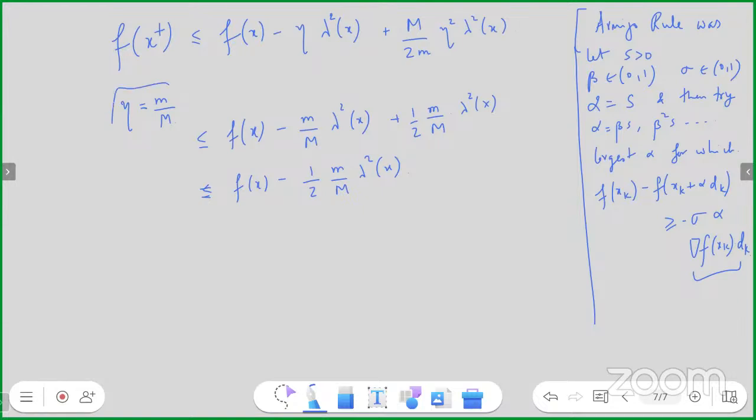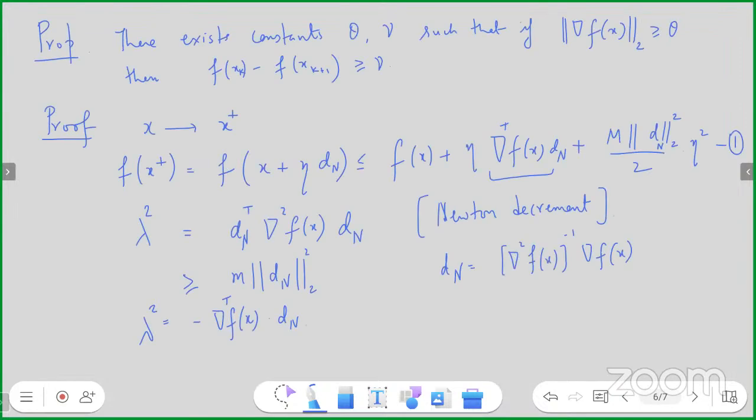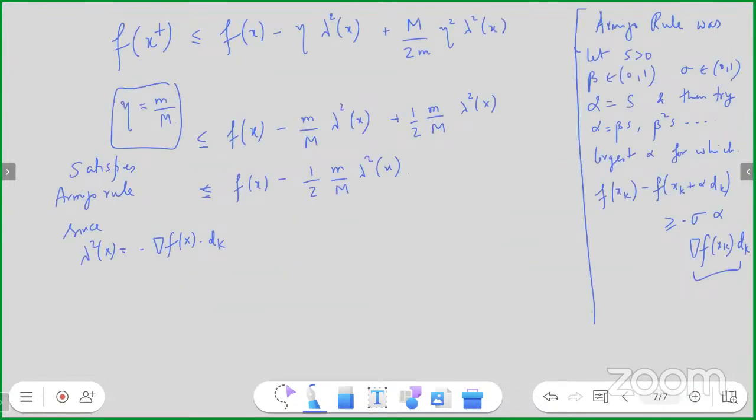So this choice satisfies Armijo, since del square x is nothing but gradient f of x times t. Yes? Or minus? Minus here, I think. Yeah, minus. So in the worst case, I will go to 1 less than that.